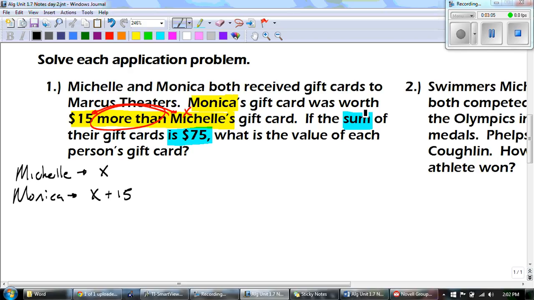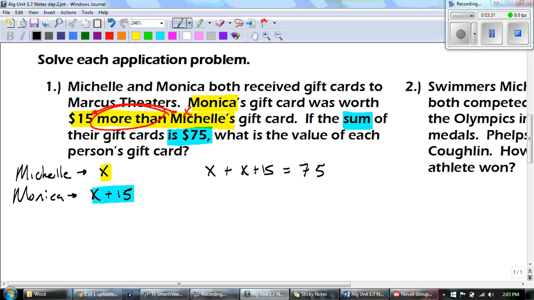Now the sum of their gift cards, so if I take Michelle plus Monica, together it's going to be 75. So x plus 15, that's Michelle plus Monica, equals 75. Do you guys see how we got that?